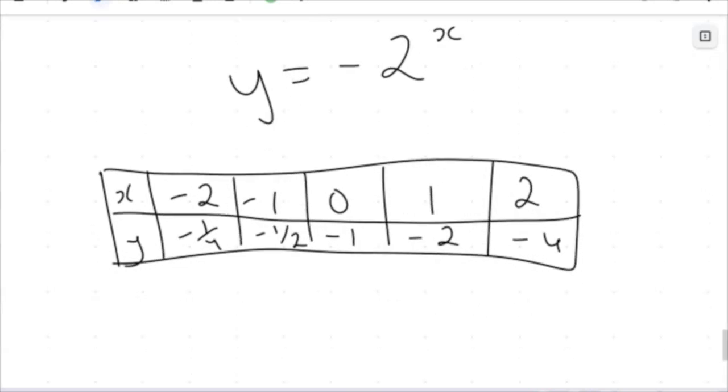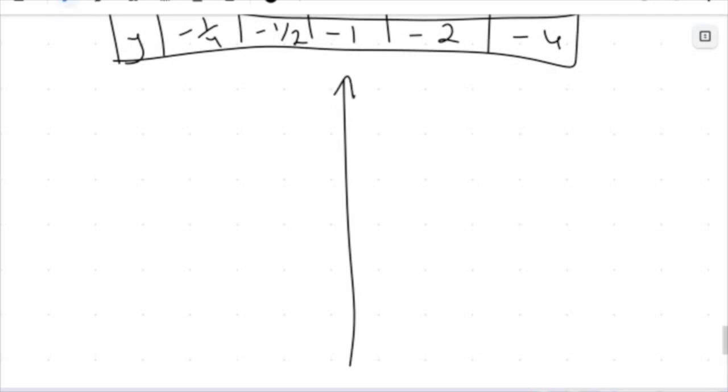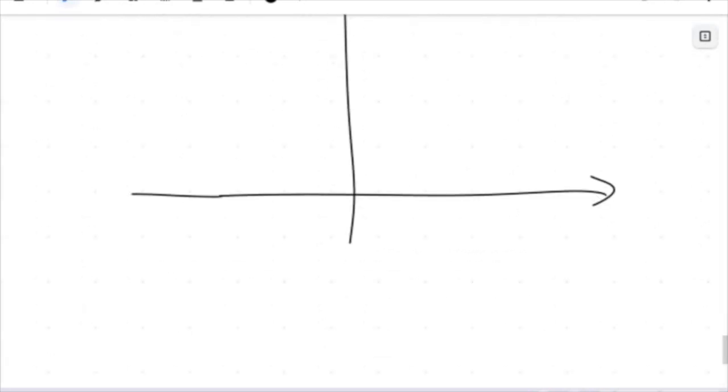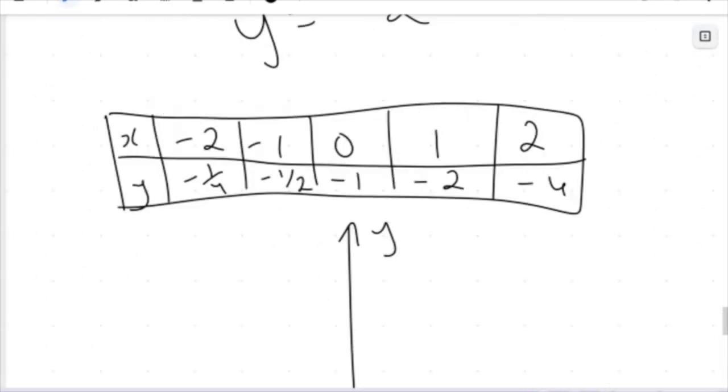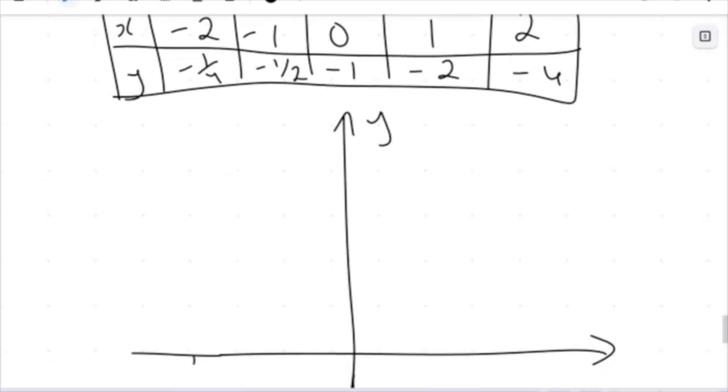But if we were going to draw this now, let's get an x and y axis happening. And what we're going to do is plot these particular points. Now when x equals -2, let's include these points in here. We have 0, 1, and 2.